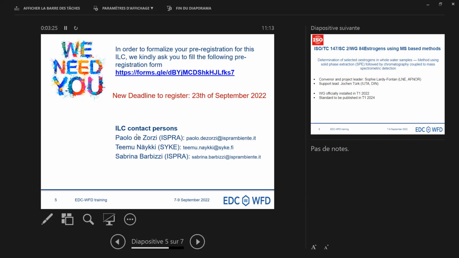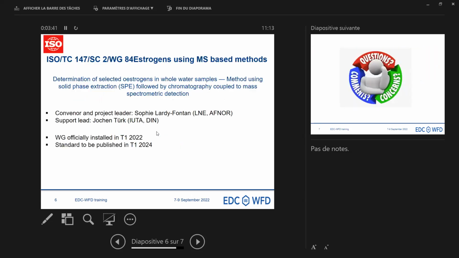I really hope that through these 2 days, we have convinced you that it's worthwhile for you to take part in this interlaboratory comparison. You will improve yourself, and it will also sustain a standardization process. If you remember yesterday when I introduced the project, our key objective is to disseminate all the knowledge of the project to standardization, and it is already in the pipeline.